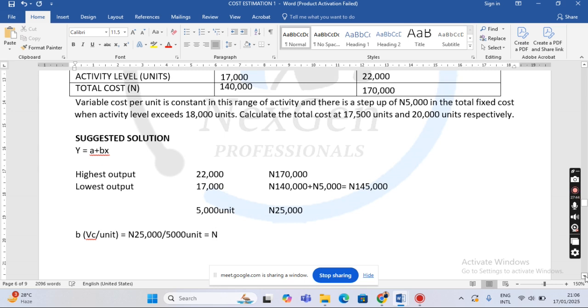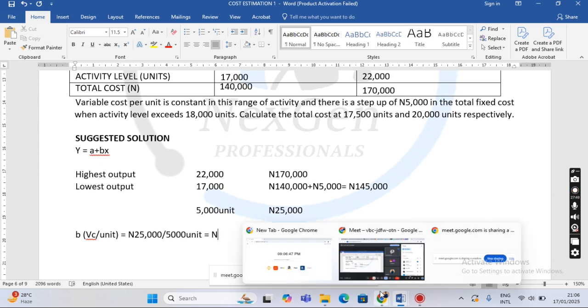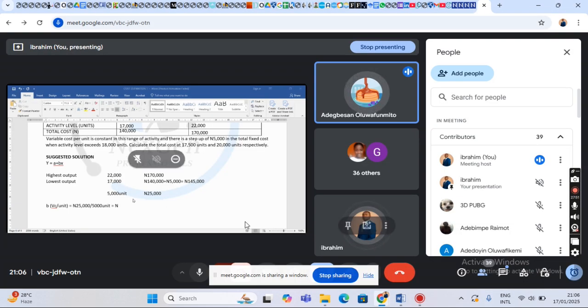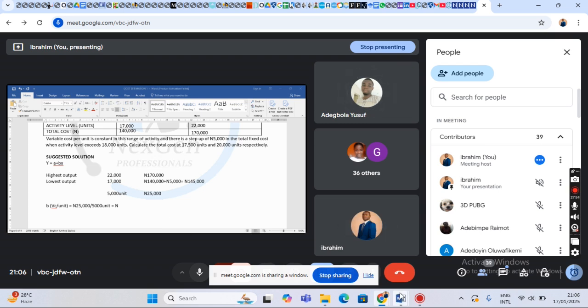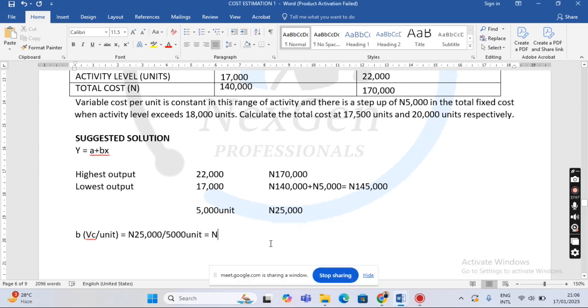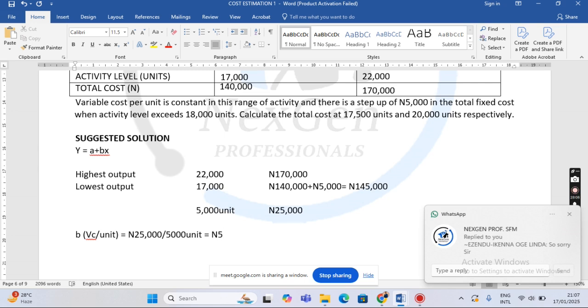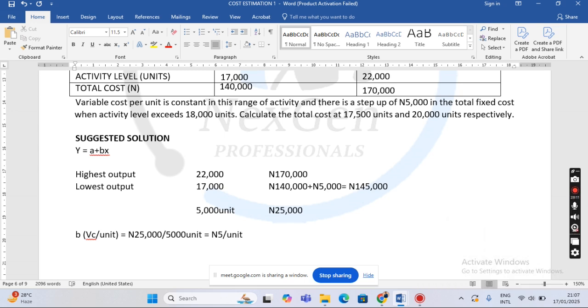Class, give me the figure. 5 naira. 25,000 divided by 5,000 units is 5 naira per unit. That is the variable cost. Variable cost per unit is 5 naira per unit, not just 5 naira, because you divide it by units.